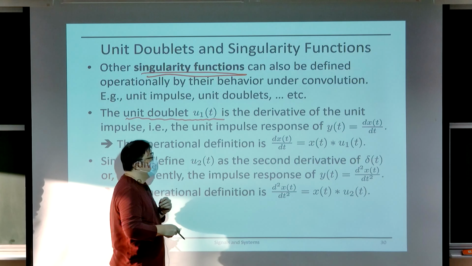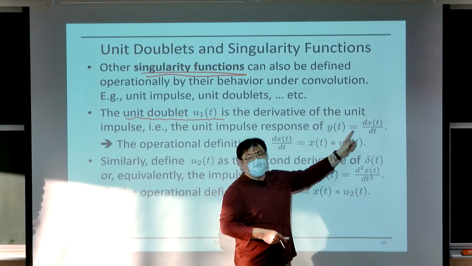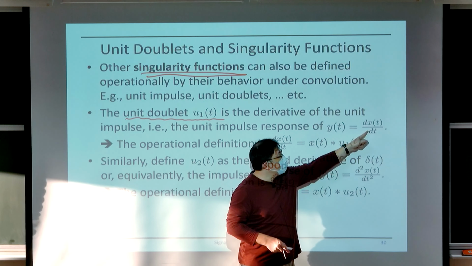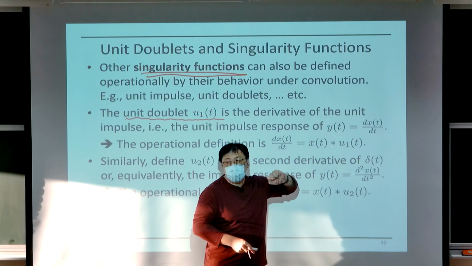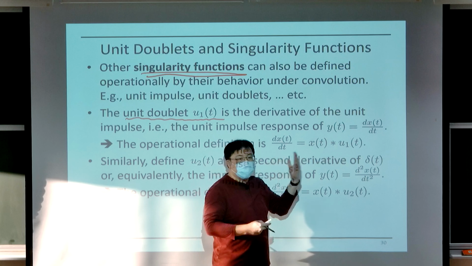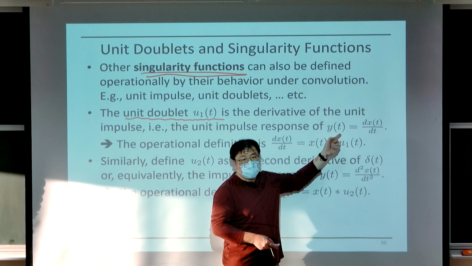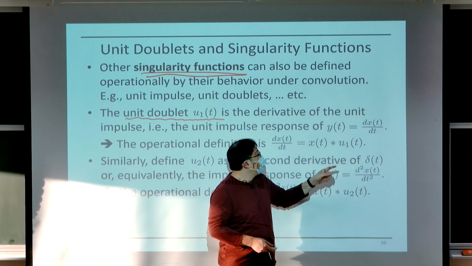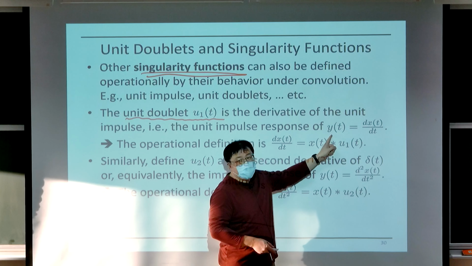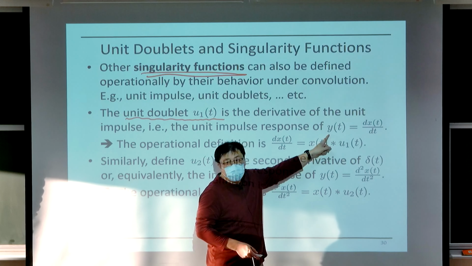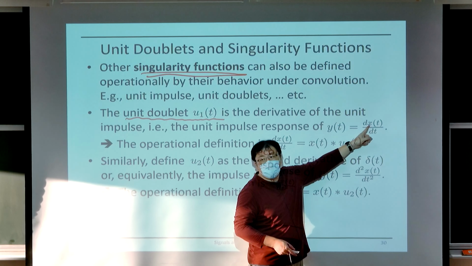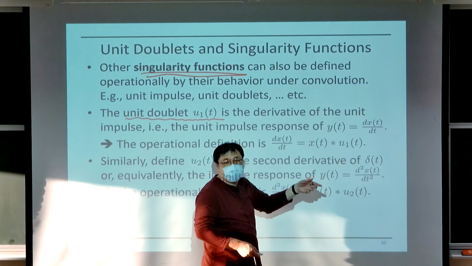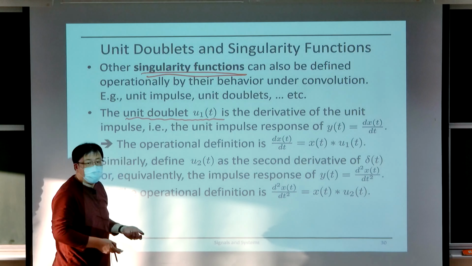Because if you have a system where the input-output relation is given by y of t equal to the derivative of x of t, then the impulse response of the system, the response to the impulse, can be obtained by substituting x of t equal to delta of t inside, and therefore the response is exactly the derivative of delta of t.